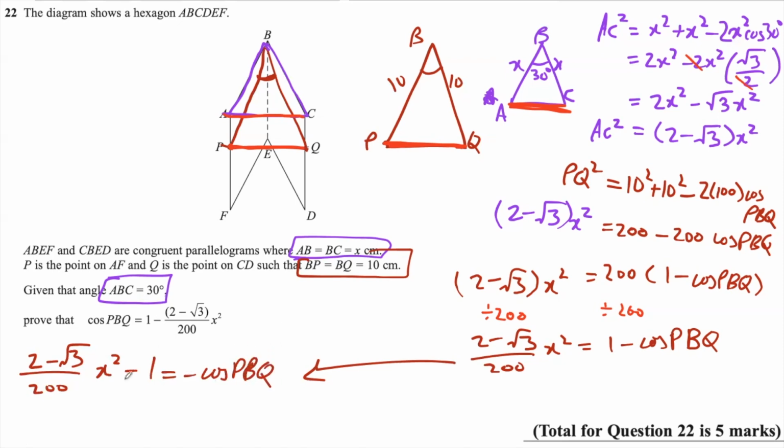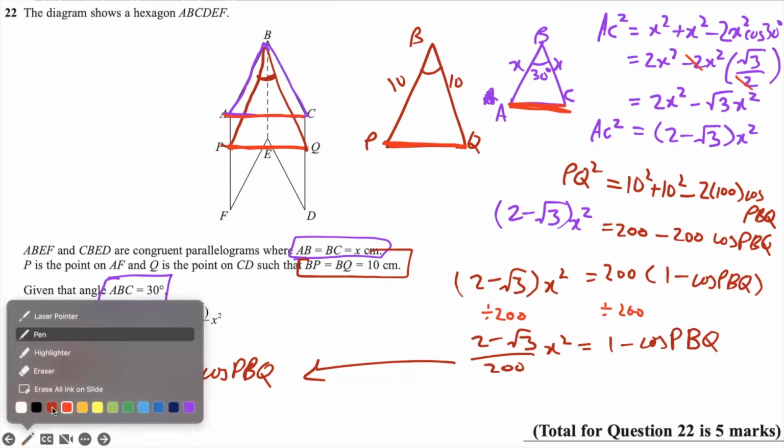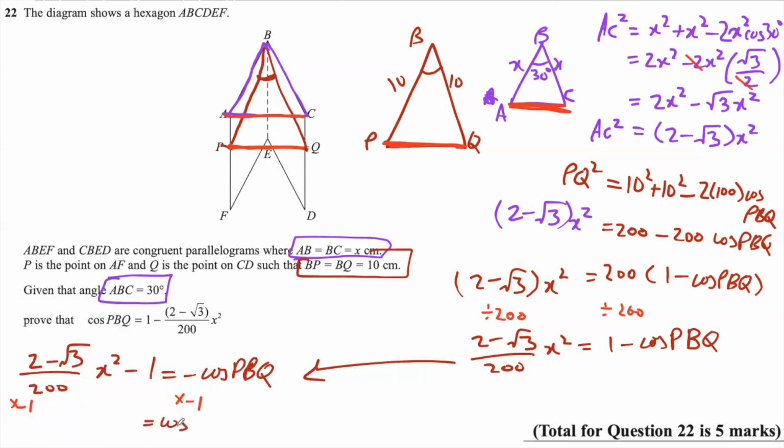And we can just multiply both sides by -1. So that gives us cos PBQ on the right side, and on the left it gives us -1 times this entire thing and -1 times -1, which is +1. And -1 times this entire thing is going to be minus (2 minus root 3) over 200 x squared. And that is what we had to prove.